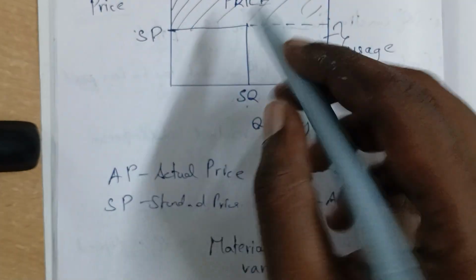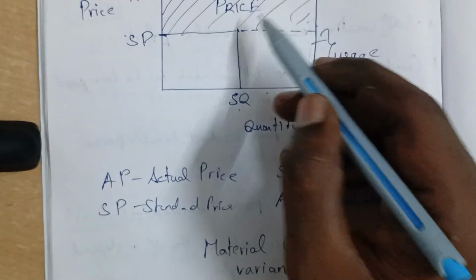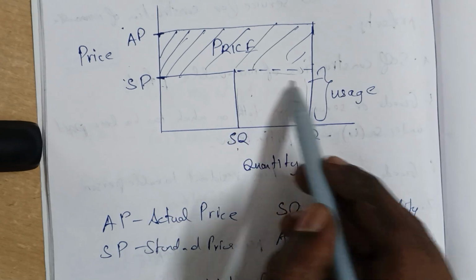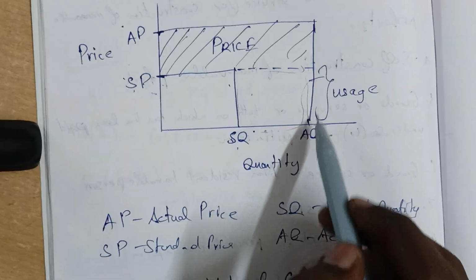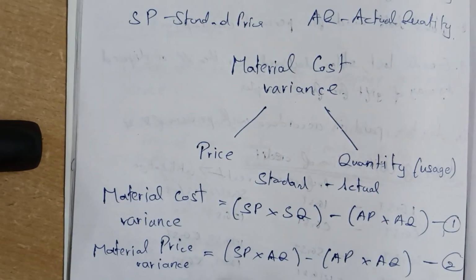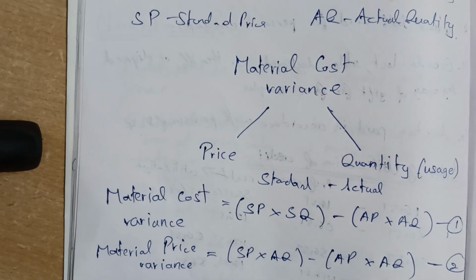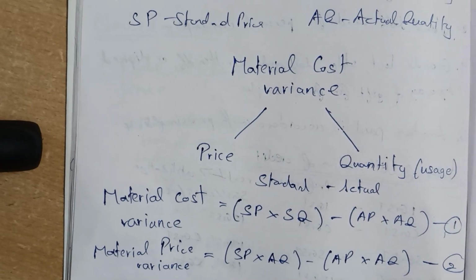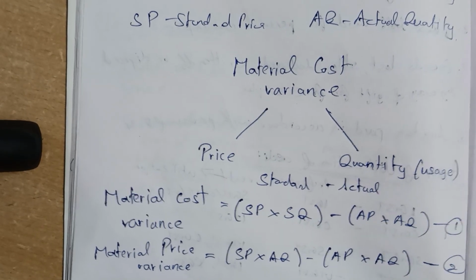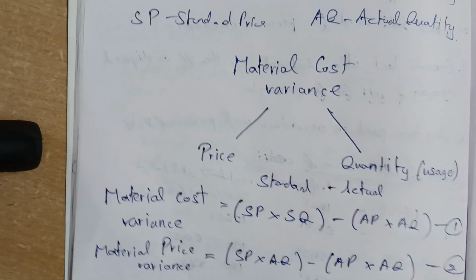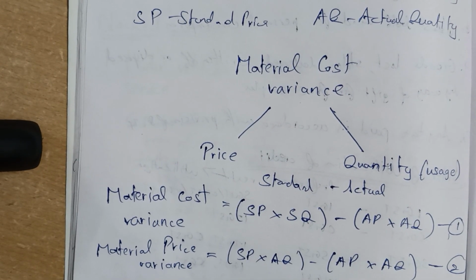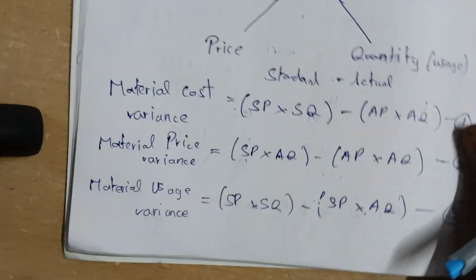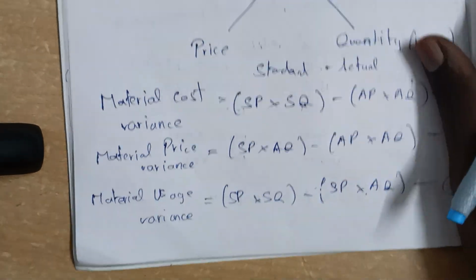If I go with actual price, it would include this whole content too. We don't want that. We only want this specific box. So SP into SQ, SP into AQ. SP into SQ minus SP into AQ. That's your third formula. It can be further simplified by writing this out, but this is easier. Just make sure you understand this.